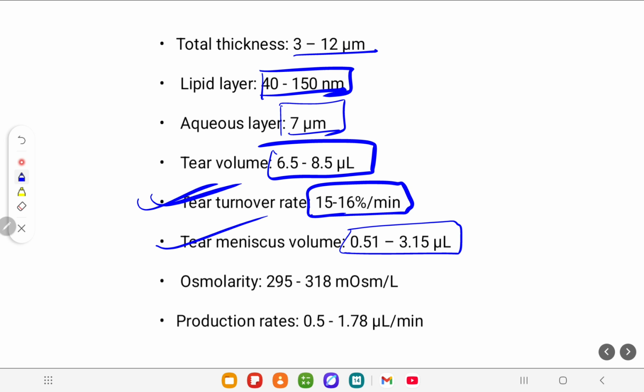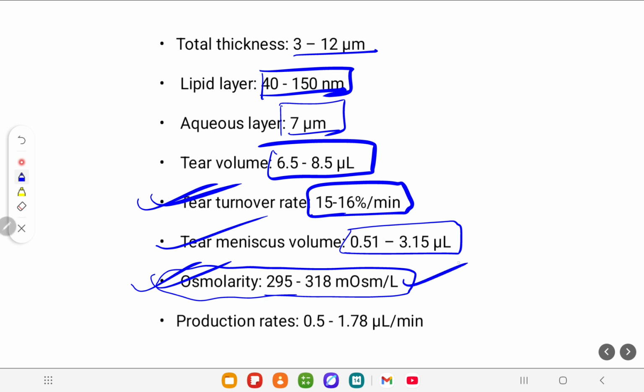Osmolarity is very commonly asked in MCQ questions, very commonly in competitive exams. It's roughly 300, but it's very important that you know this number, in milliosmol per liter. The production rate is this, which is also commonly asked in MCQ, but these two are very commonly asked.